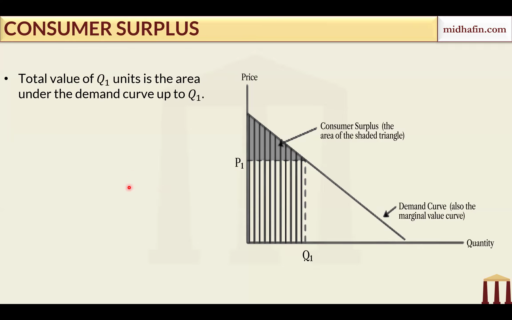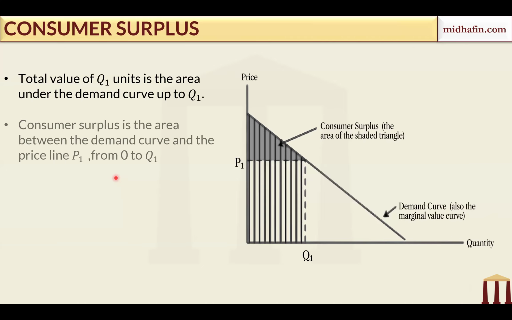Now if you compare this total value to what the consumer is actually paying, you will get the consumer surplus, because the consumer is paying P1. This is what the consumer is paying at quantity Q1. But for any units before Q1, the consumer was willing to pay more.